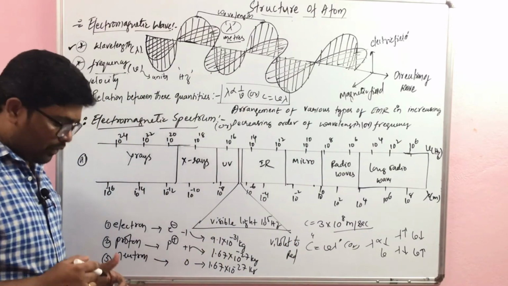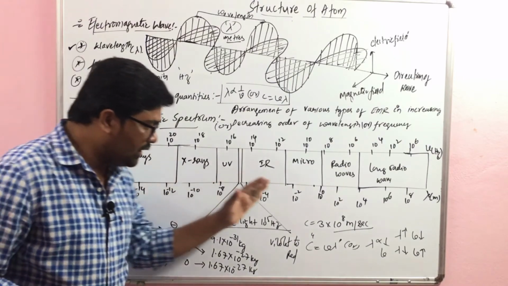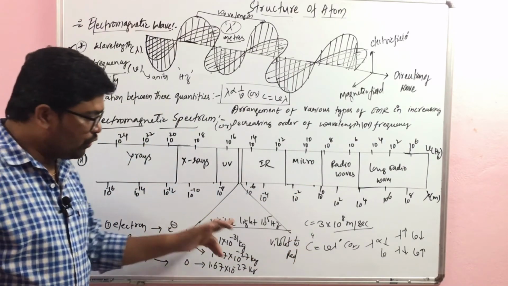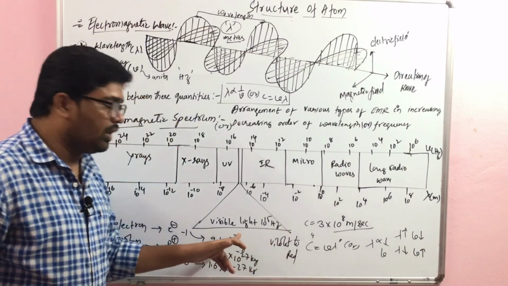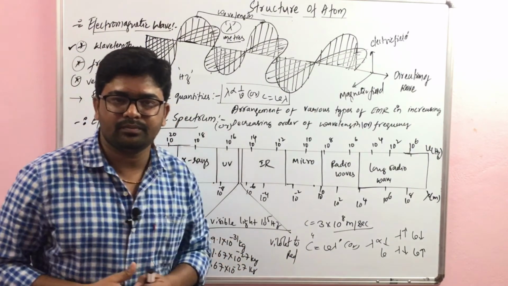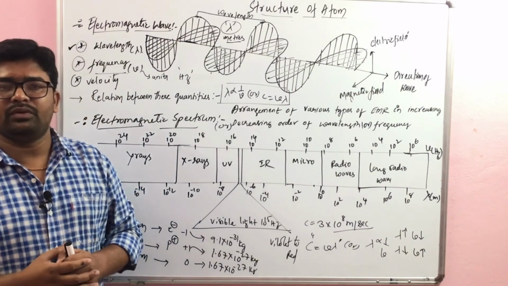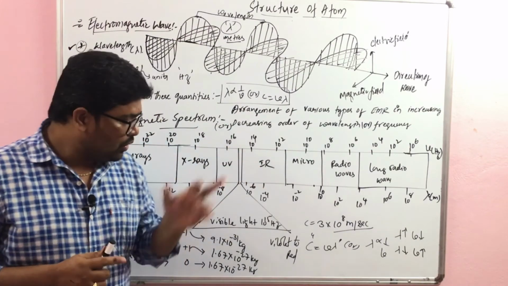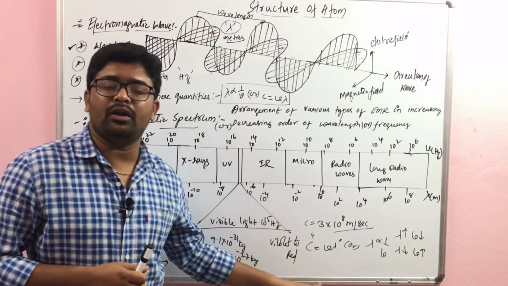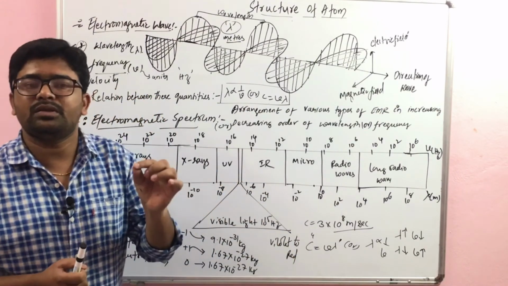The arrangement of this entire range of visible light from violet to red color, we call the visible spectrum. Is it clear for everyone?